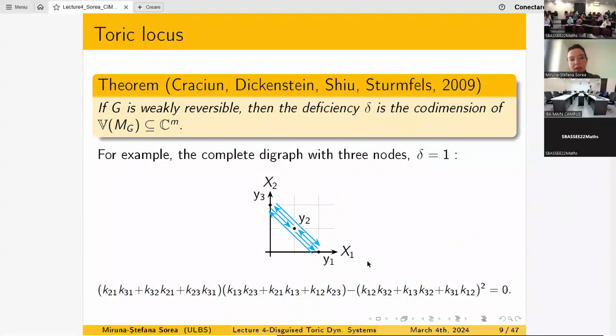Since it was very difficult computationally to extend the toric locus in some examples, we just treated some networks or classes of networks. So there's still much more to discover here, I would say.